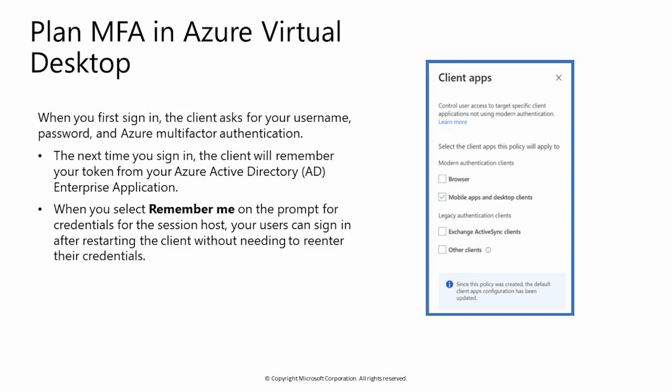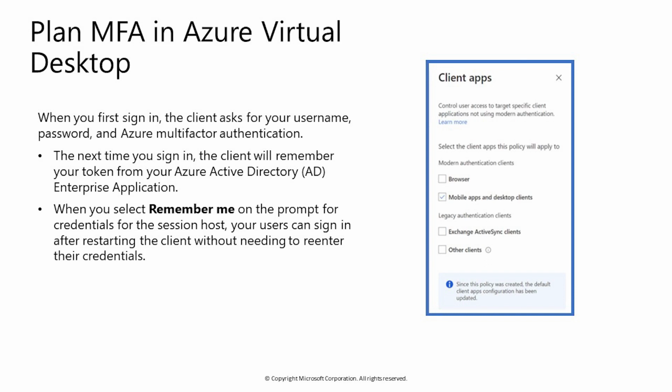The Windows client for Azure Virtual Desktop integrates the virtual desktop with your local machine, as you know. Whenever you first sign in, the client prompts for your username and password, and then Azure Active Directory multi-factor authentication comes in.